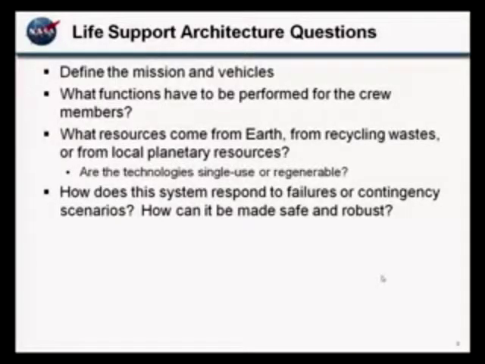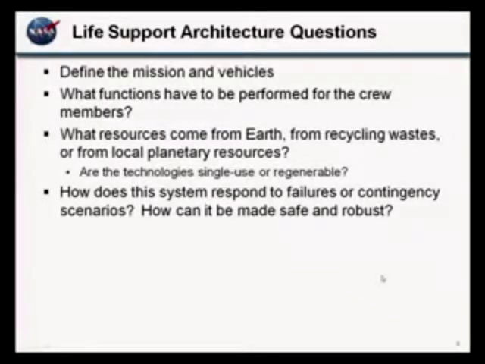You can identify fairly easily the functions that have to be performed for the crew member. Bob kind of started with those air, water, waste sort of things, and of course you can just break them down into many sub-functions. And then you have to decide how you're going to perform those functions. How are you going to get the resources that you need to give the crew their best chance of survival?